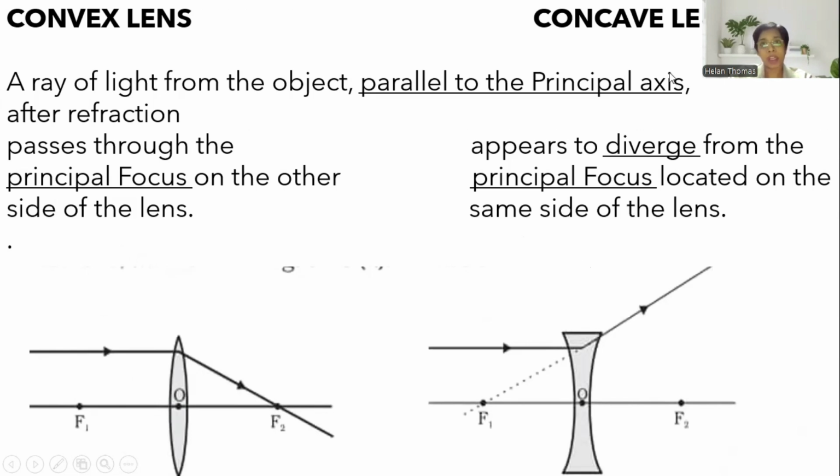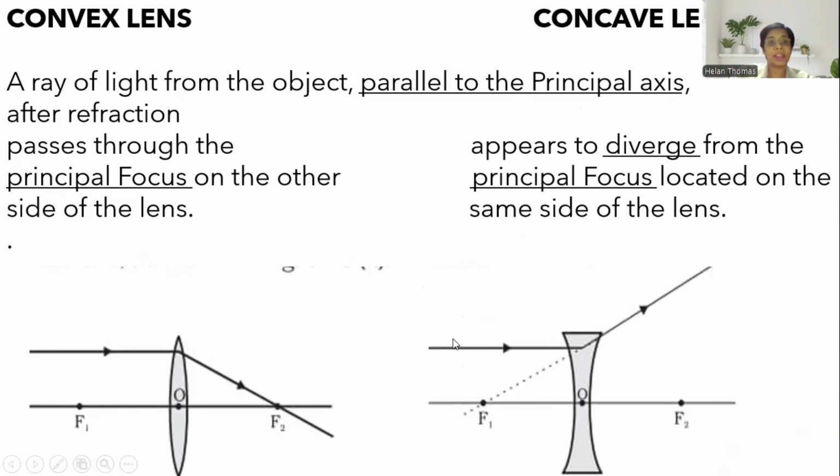In the case of a concave lens, a ray of light parallel to the principal axis will appear to diverge from the principal focus, which is located on the same side of the lens. That is the difference between the convex and the concave lens. A convex lens has the focus on the opposite side, while a concave lens has the focus on the same side.